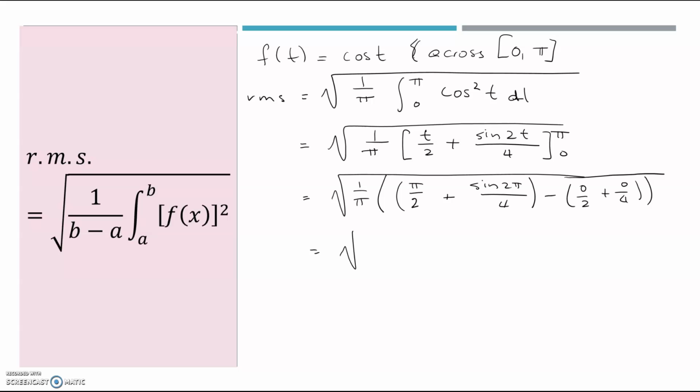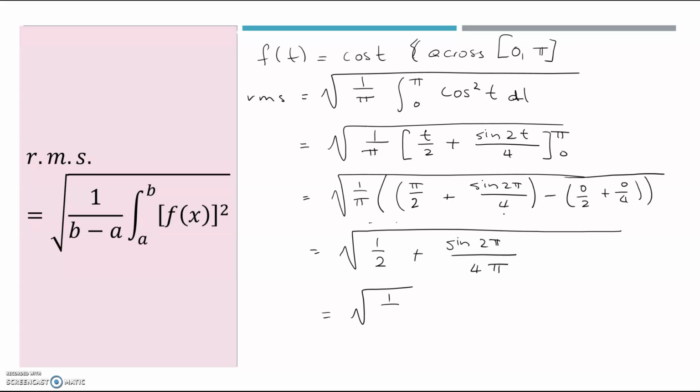Tidying that up, from the first term, multiplying these two together, I'm going to have 1 over 2 plus sine 2 pi over 4 pi, and sine 2 pi is 0, so that's gone.